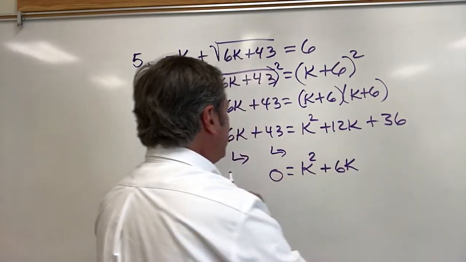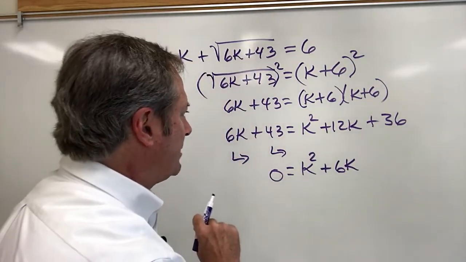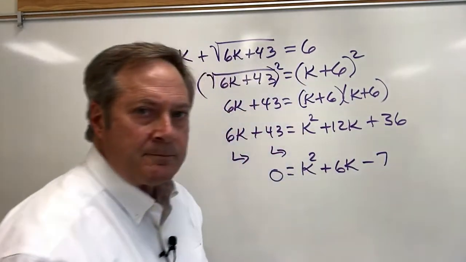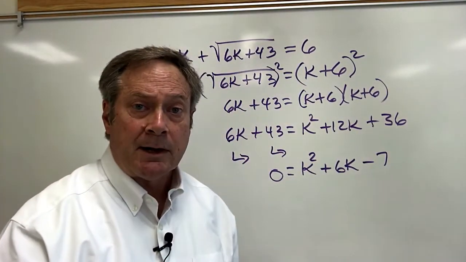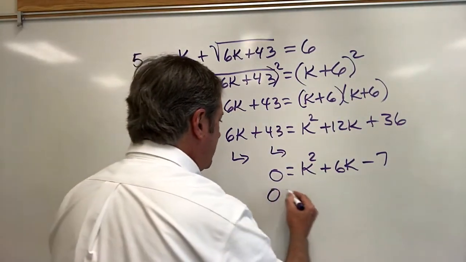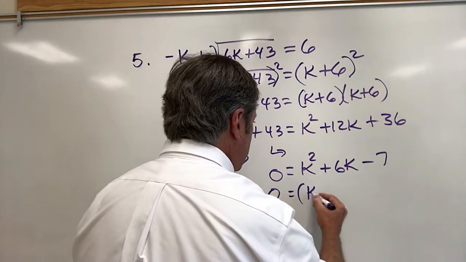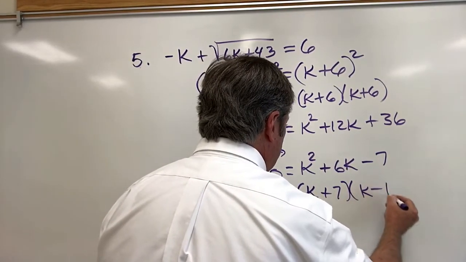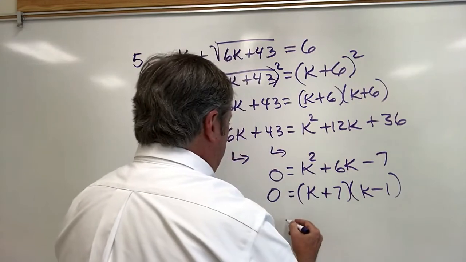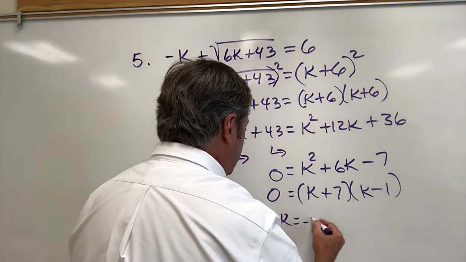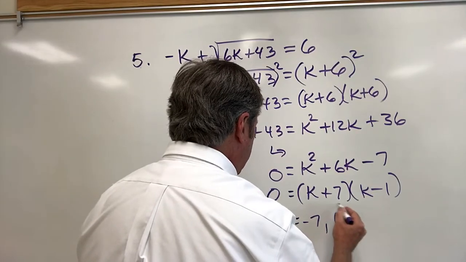And 36 minus 43, that's going to be negative 7. Okay, now we've got a quadratic equation to solve. Fortunately, this thing factors really nicely into k plus 7 times k minus 1. And using the zero product property, k would equal negative 7 and positive 1.